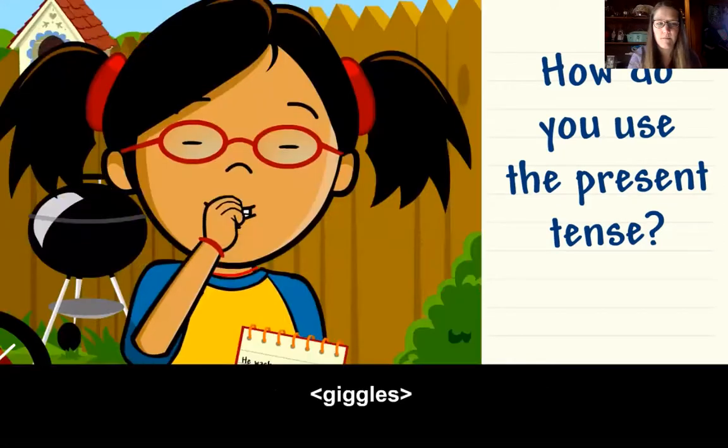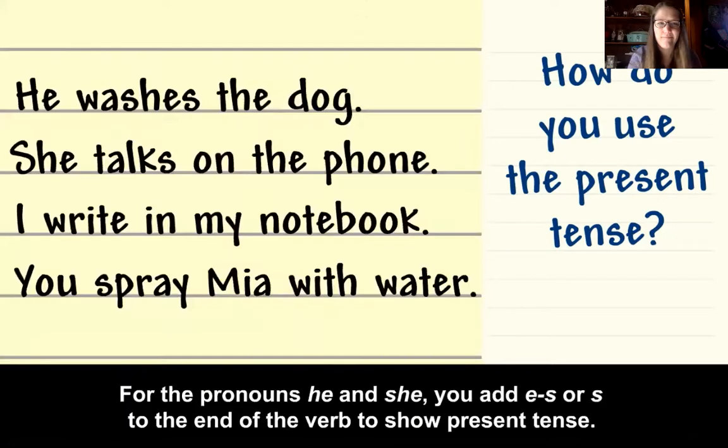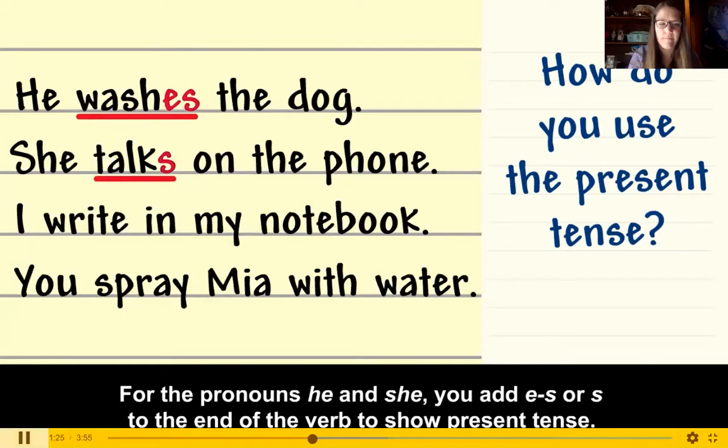For the pronouns he and she, you add es or s to the end of a verb to show present tense. So wash is the verb, but because we use the word he, we change it to washes with an es. He washes the dog.